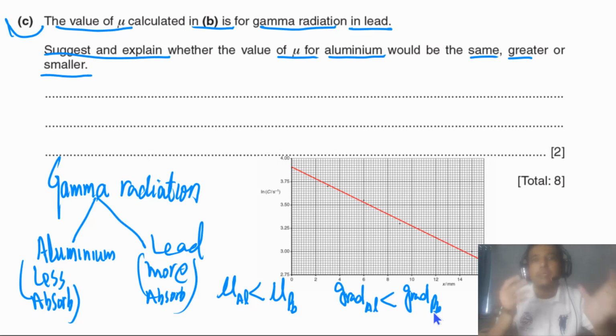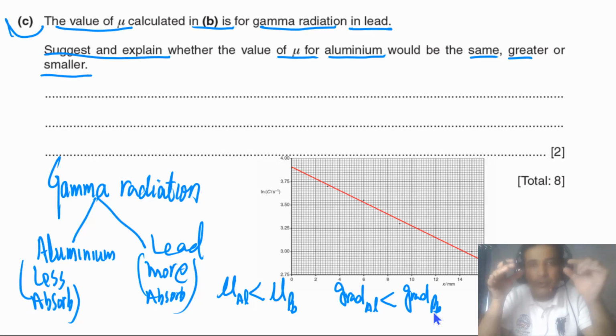So that's all what you need to understand. Lead is very good at absorbing gamma radiations, but aluminium is less absorbing. So the value of mu for aluminium will be smaller, and mu is equal to negative of gradient. So the gradient of the graph also will be smaller.